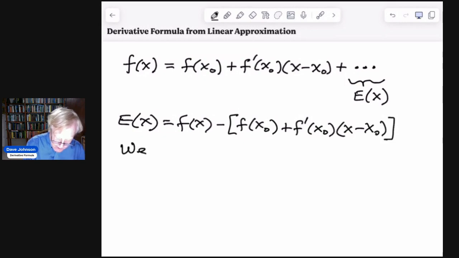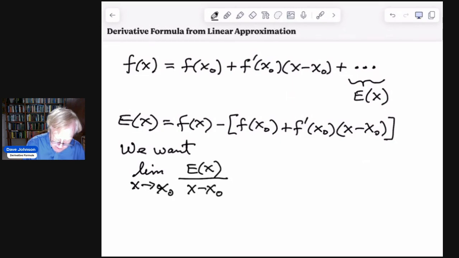And we want the limit as x approaches x naught of e of x divided by x minus x naught to be 0. Now let me say a couple of words about this. First of all, we want this error to go to 0 very quickly, right?